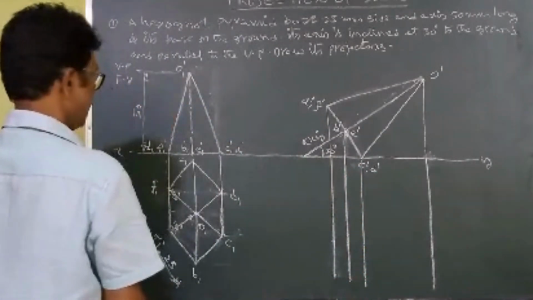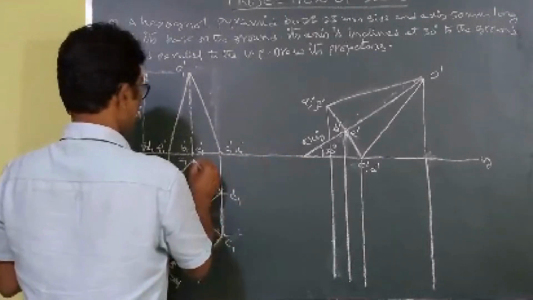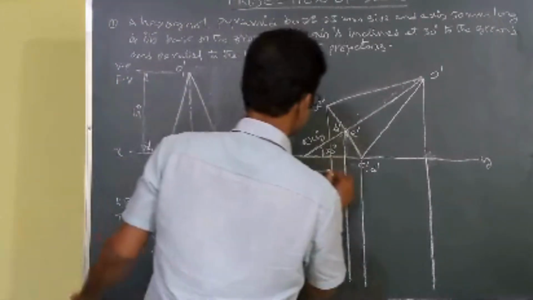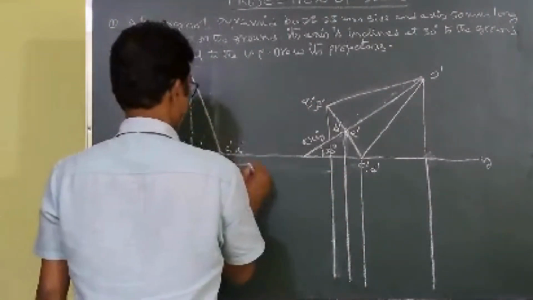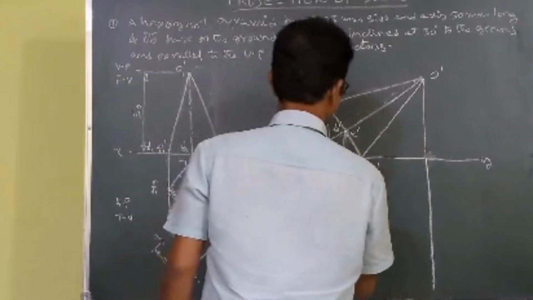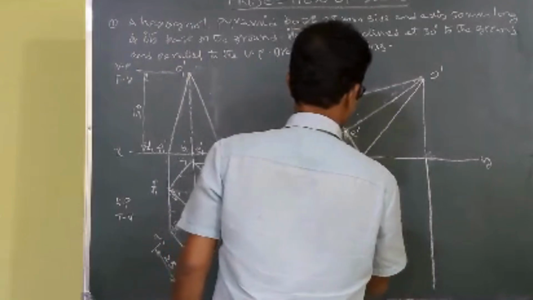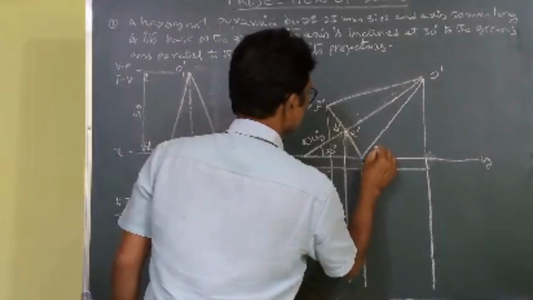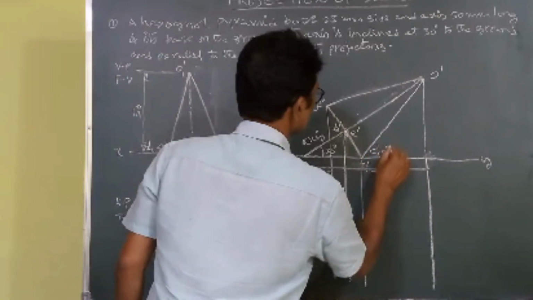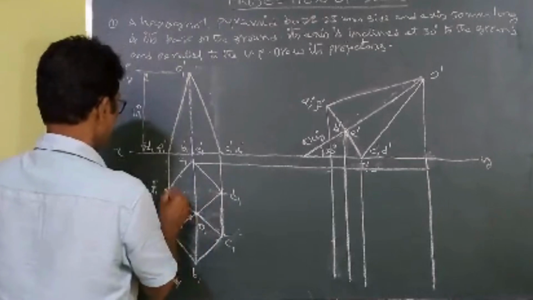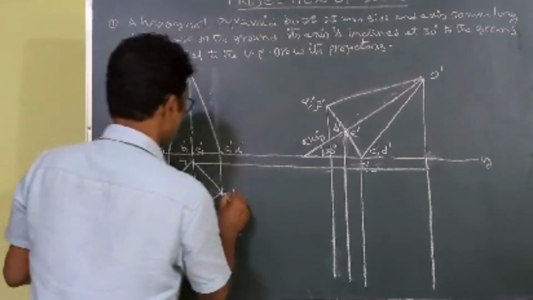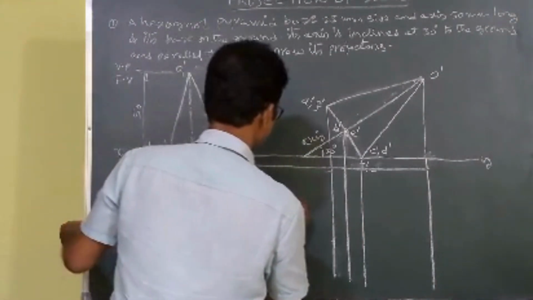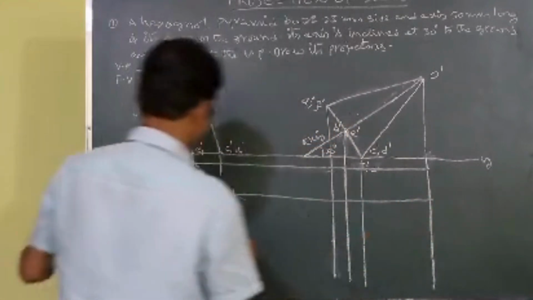Next you draw horizontal lines from these points. Let us say these names are C dash, D dash. At the same time F1 and D1 are passing in the same line, so you draw a horizontal line also.